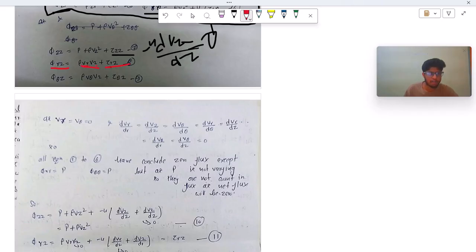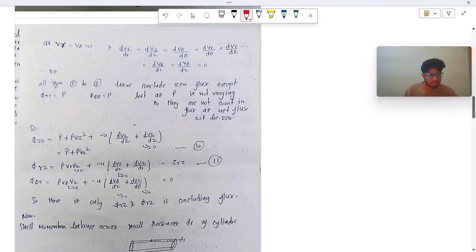So we have only tau rz, and it will have some value, as the velocity in z direction is varying in the r direction. Only this component exists.